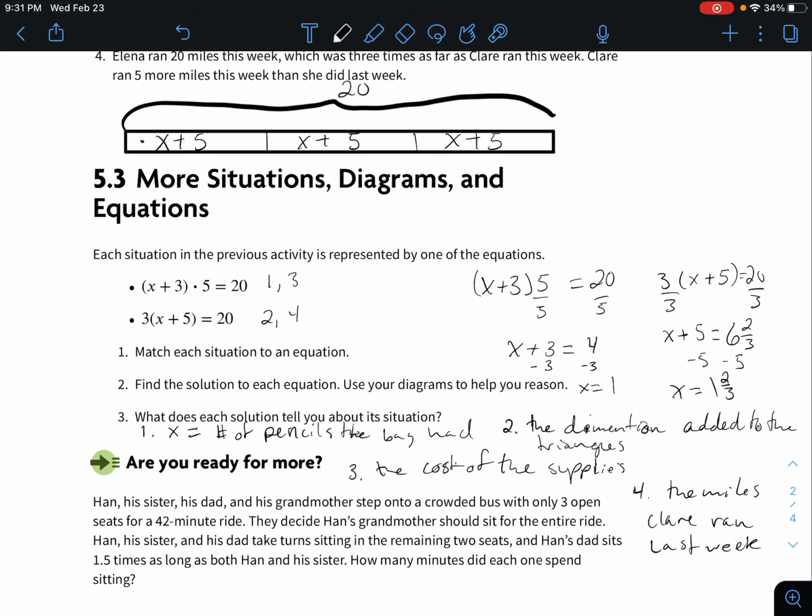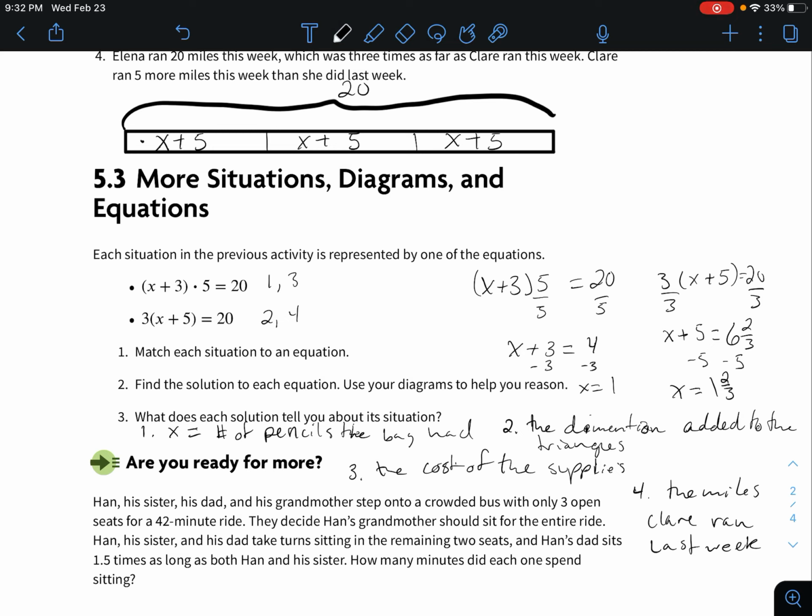It increased by X, so it was X bigger than 5. On 3, the cost of the supplies, so there was $3 to get in, and then X was the cost for the supplies. And then last, X was the miles that Claire ran last week, according to the story problem.